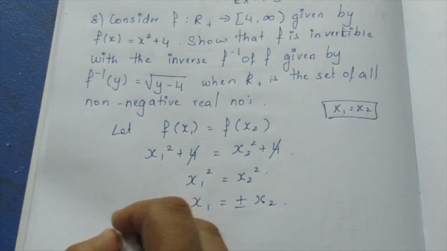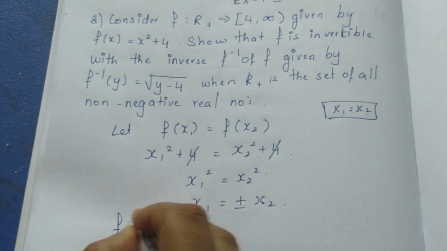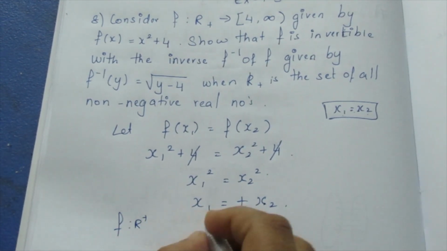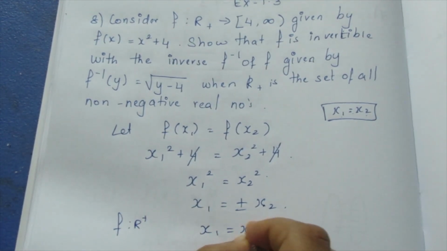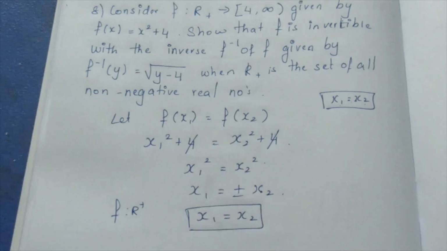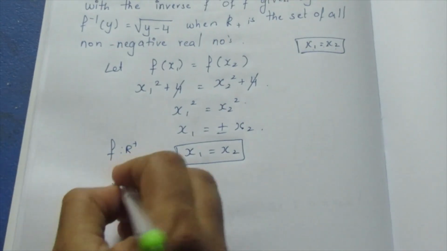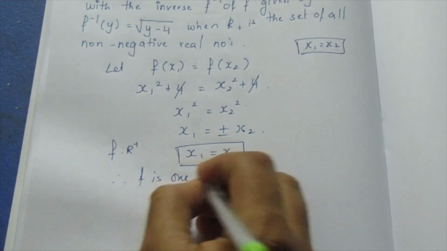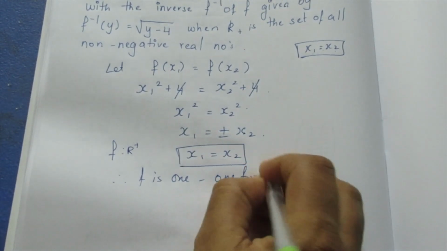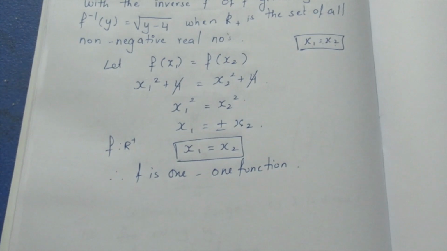So as f is a function from R positive, we can write x1 is equal to x2. Therefore f is a one-to-one function.